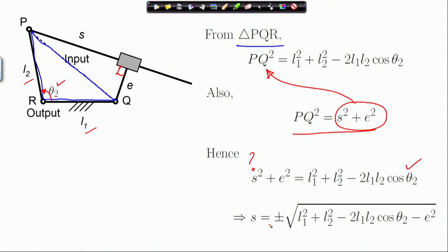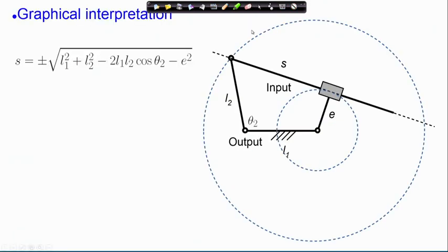Just in passing, let me mention that if this is positive S, then this is negative S. Now, the graphical interpretation of the solution.